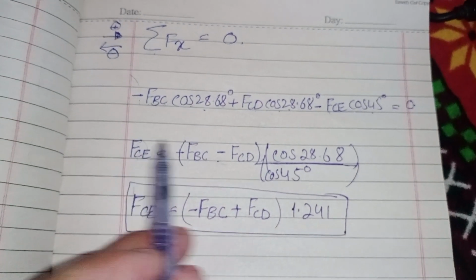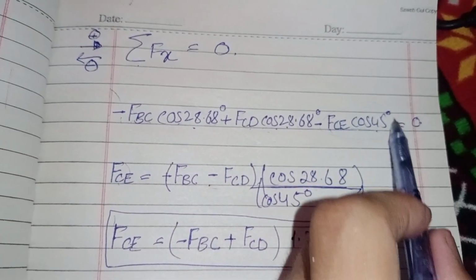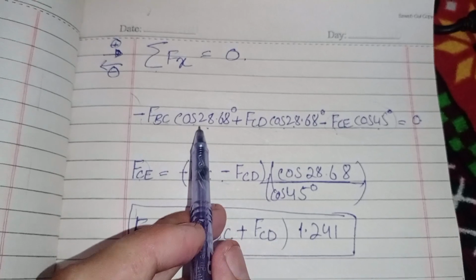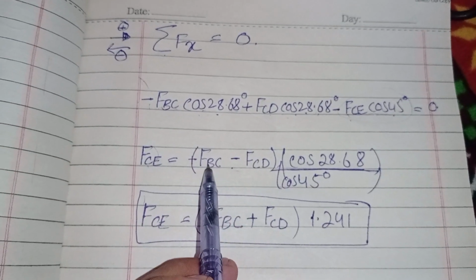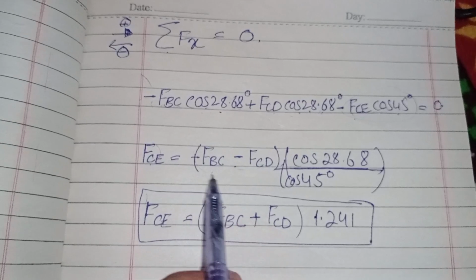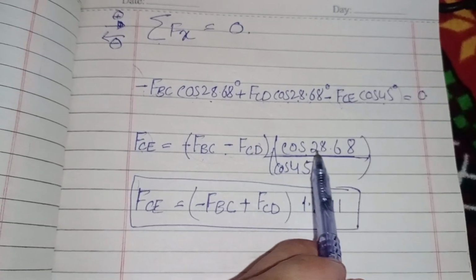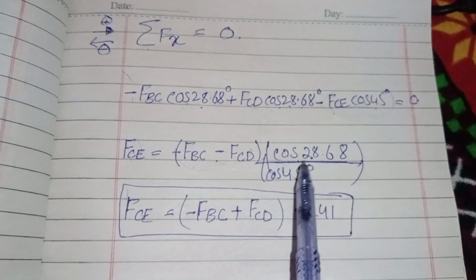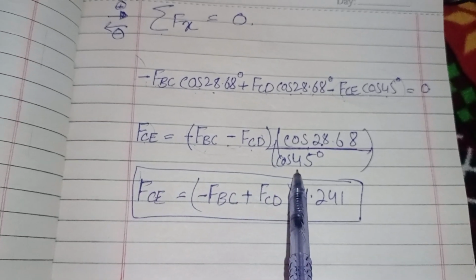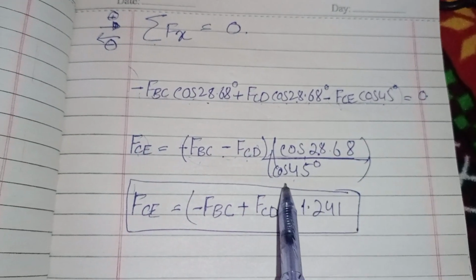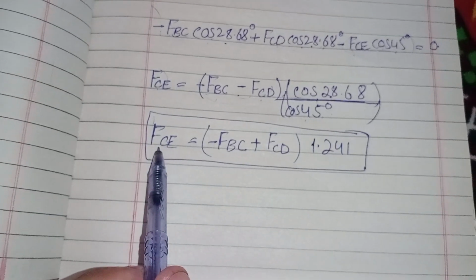So I isolate FCE, take cos 28.68 common from both forces, and divide by cos 45 degrees.